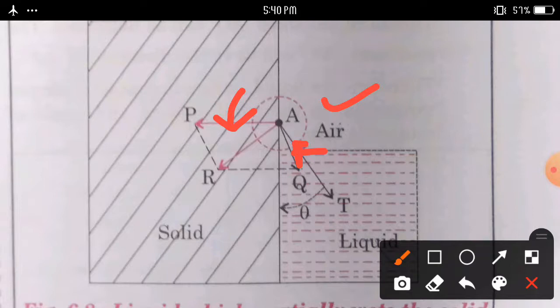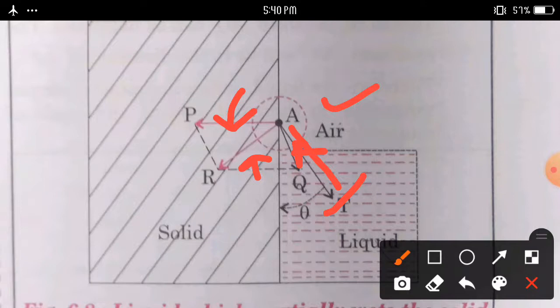Therefore the resultant AR lies inside the solid. In equilibrium, the tangent AT to the liquid surface must be perpendicular to the resultant force, that is AR.